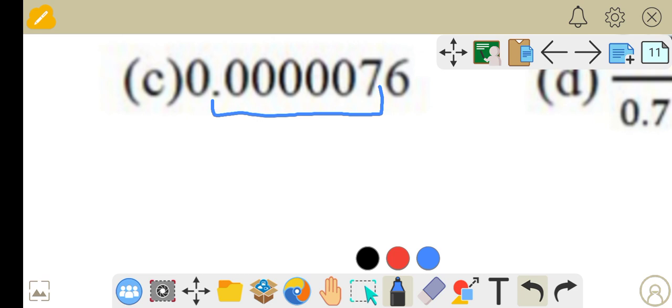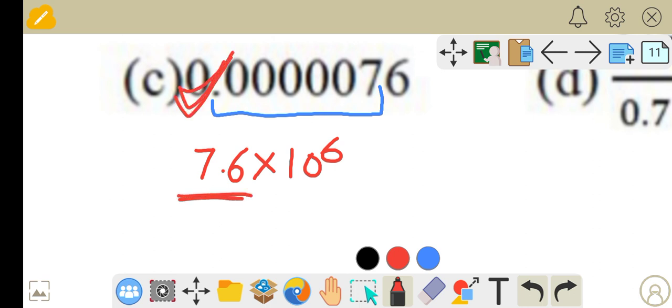Now we have moved the decimal 1 2 3 4 5 6 places, so it can be written as 7.6 into 10 to the power 6. But our basic number is very less than our new number, so we need to put a minus. So our complete answer is 7.6 into 10 to the power minus 6.